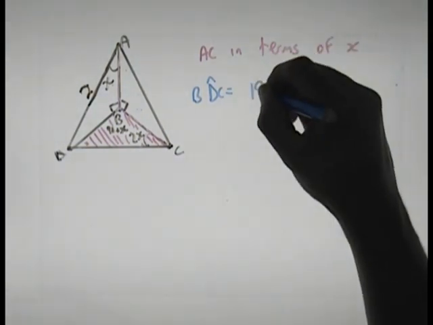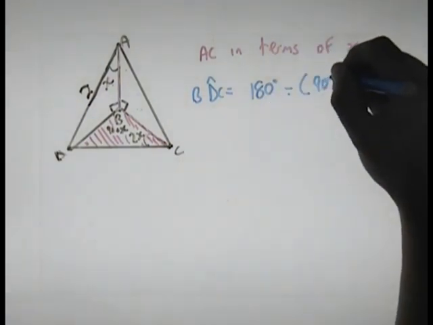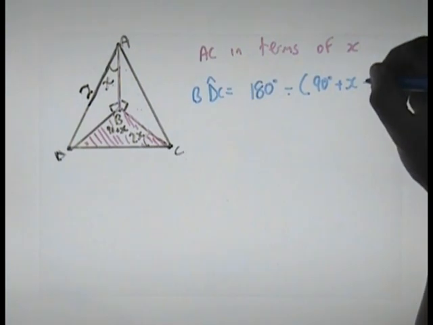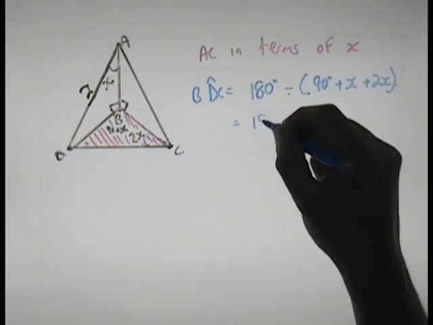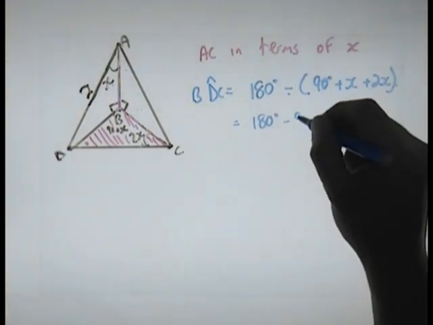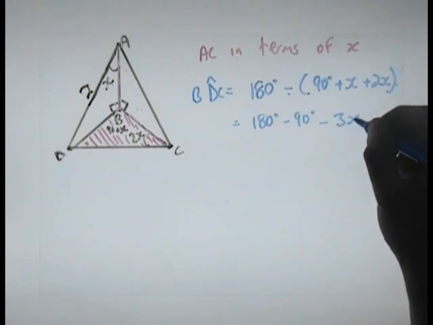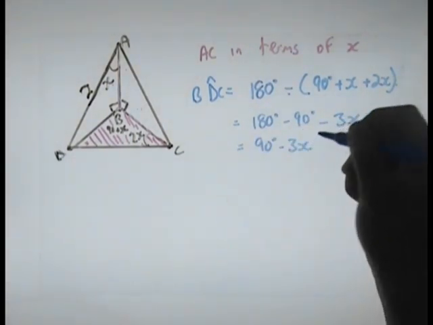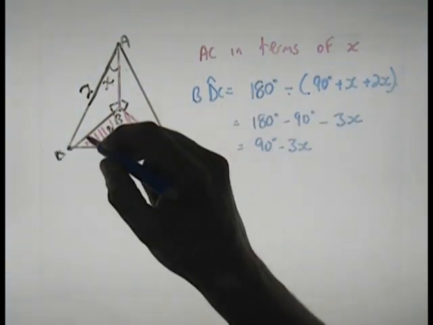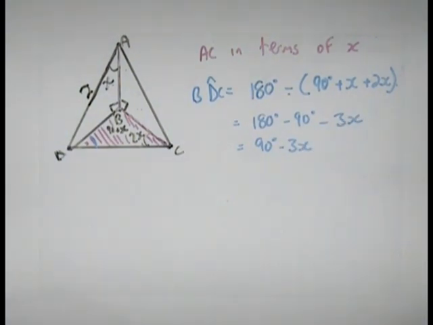BDC is going to be given as 180 degrees minus (90 degrees plus x plus 2x), which is 180 degrees minus 90 degrees minus 3x, which is 90 degrees minus 3x. And that is the size of BDC, 90 degrees minus 3x.